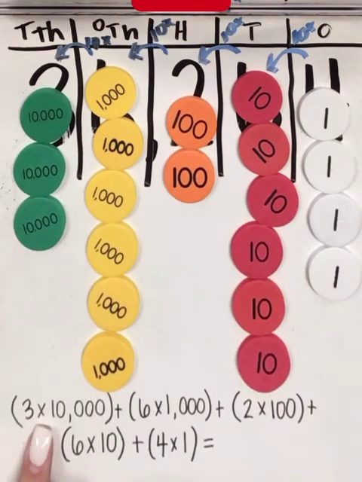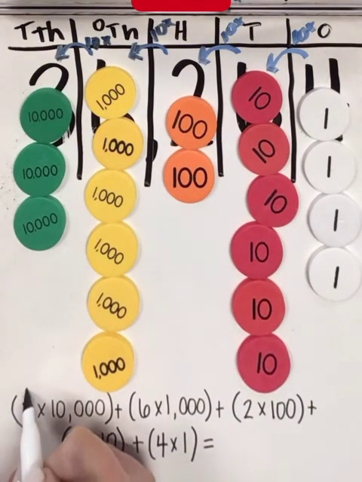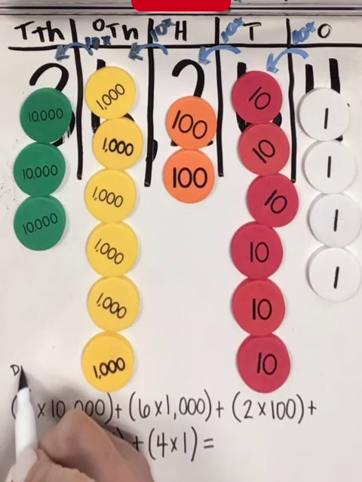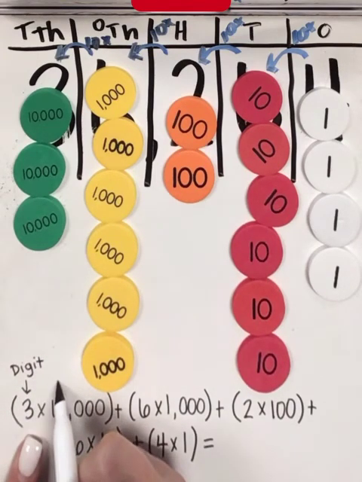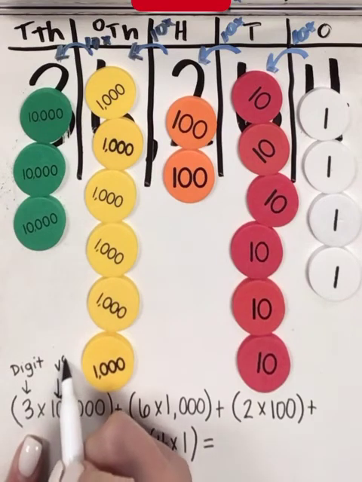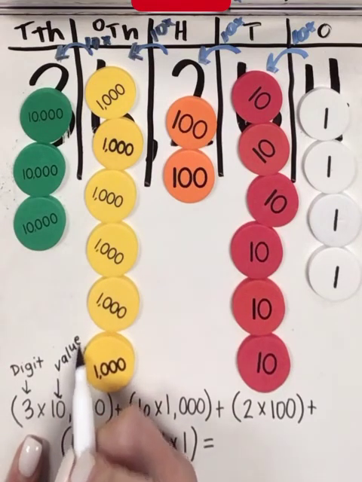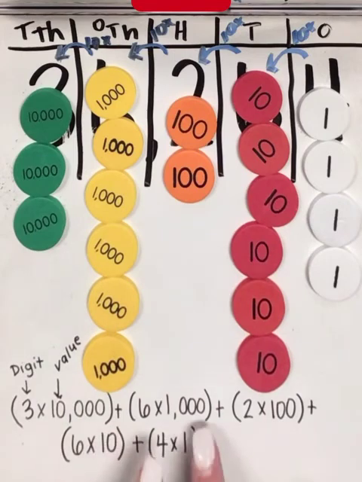You see that? So we have our digit. This one's our digit times the value. And we're adding it to the next place value.